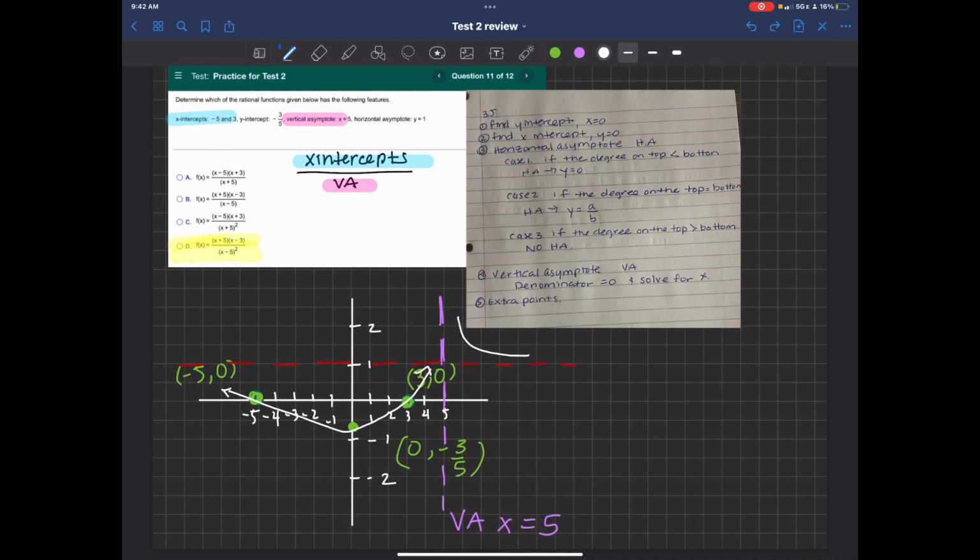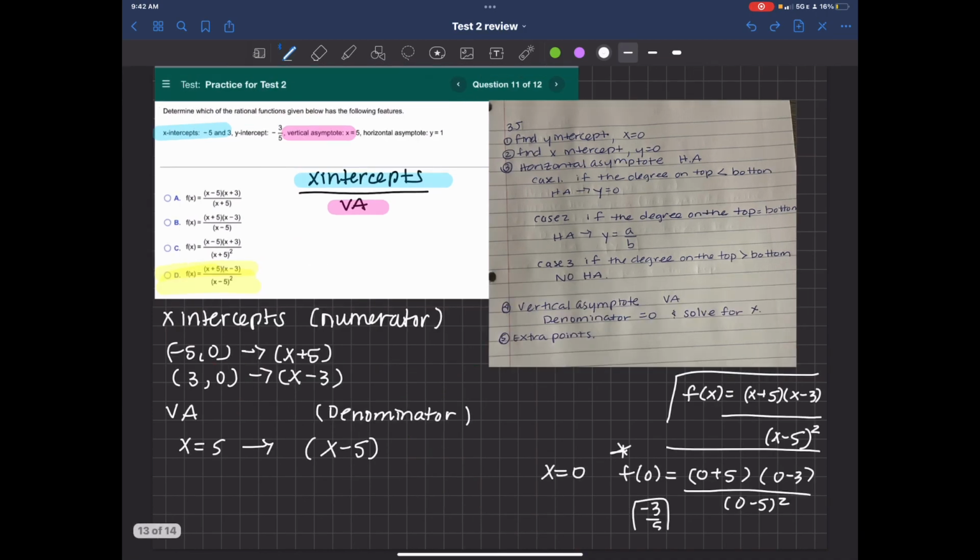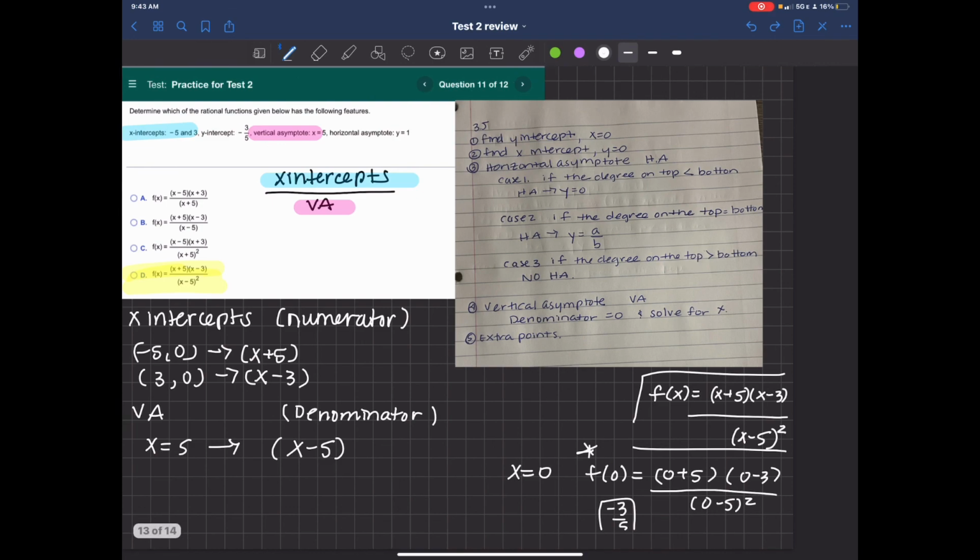So you can graph this, or you can build the formula for this example, number 11. Most students will do both, but it's the same steps.